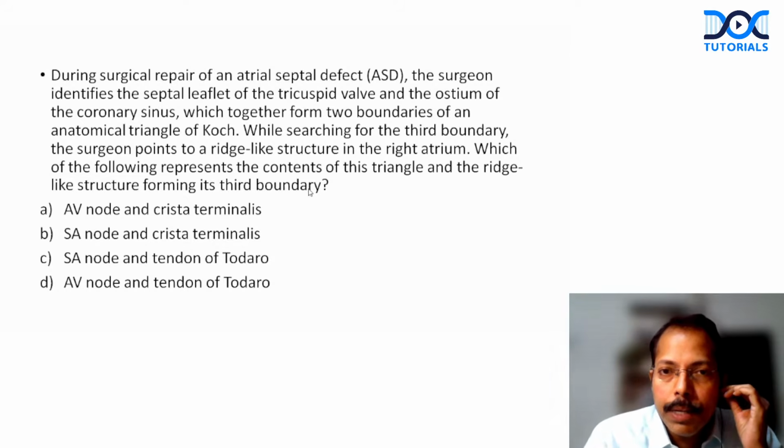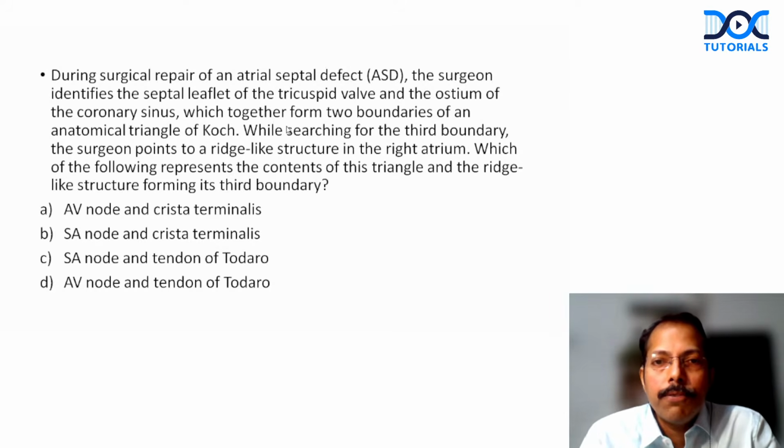This is a bit tricky because we have discussed plenty of times the triangle of Koch, its boundaries, and the content of the triangle of Koch. Reading the question may take a few seconds, at least a minute, but don't look at the answer options because it may be confusing.